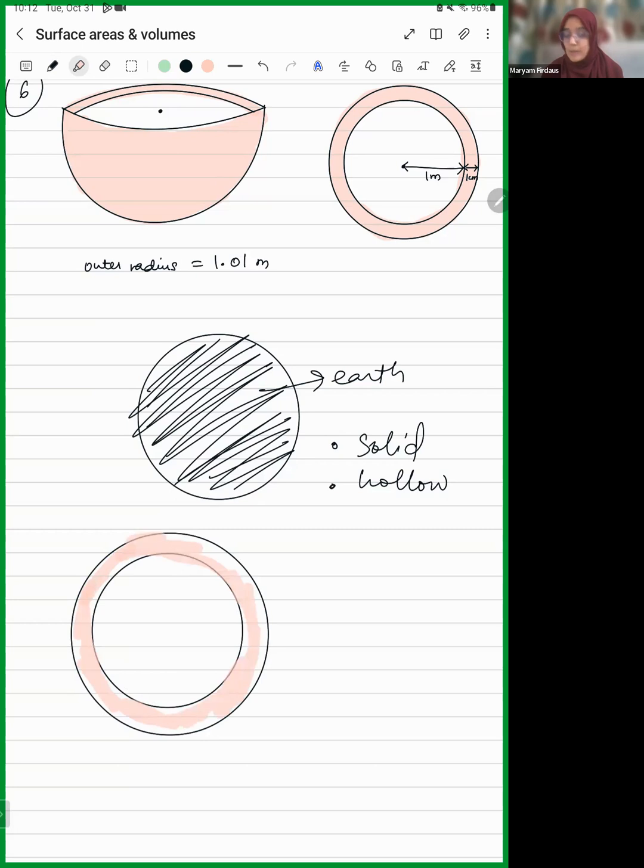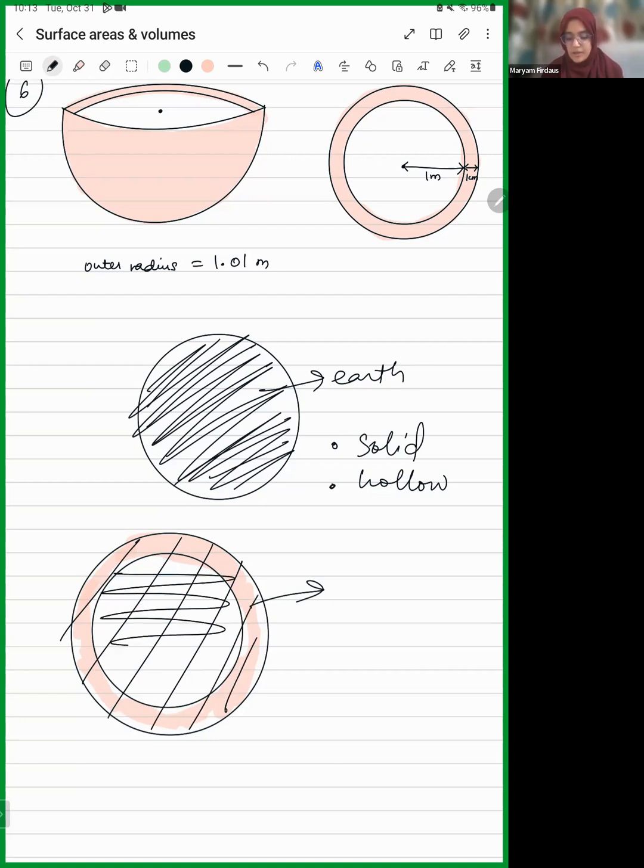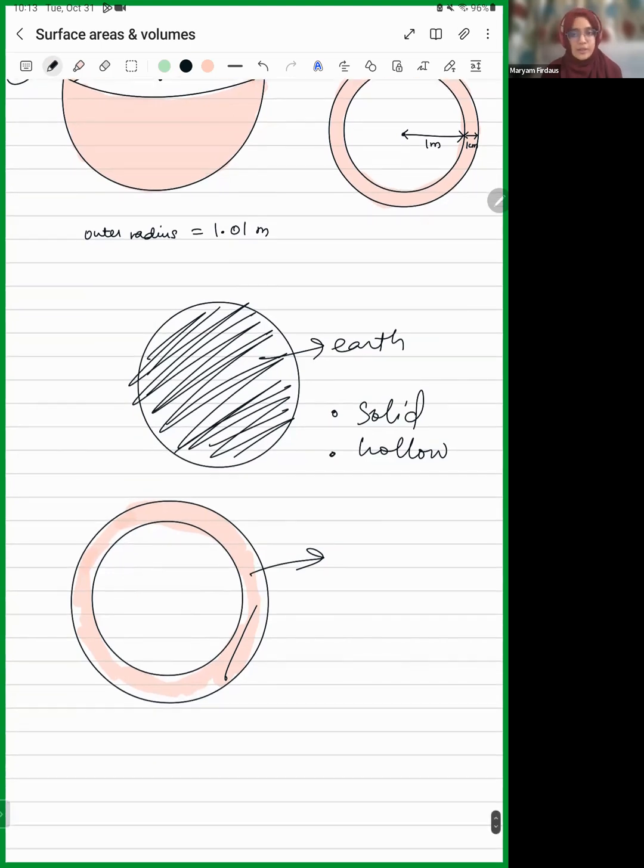Remember, this is a circle, so we are talking about area, not volume. What did we used to do? We used to find the area of the big circle minus the area of the smaller circle, and that would give us the required area, the shaded portion. That is the same thing we are doing here, except that here we are subtracting volumes.